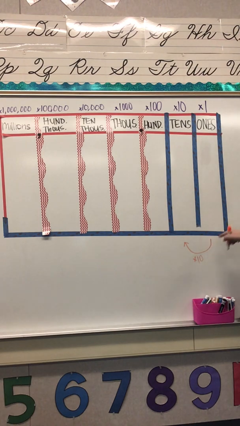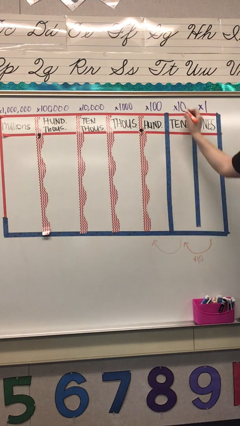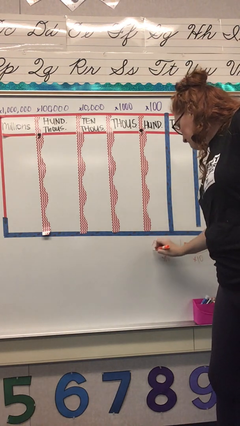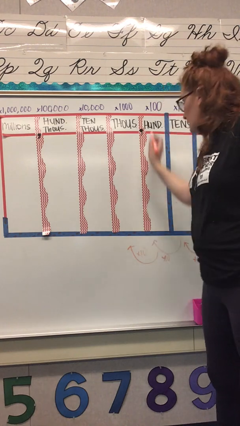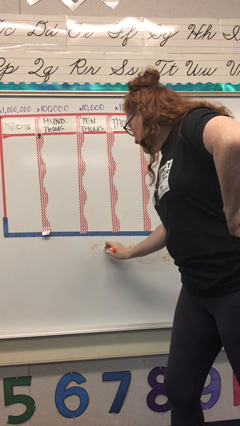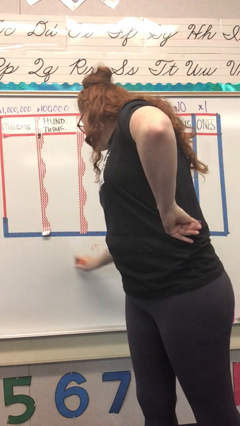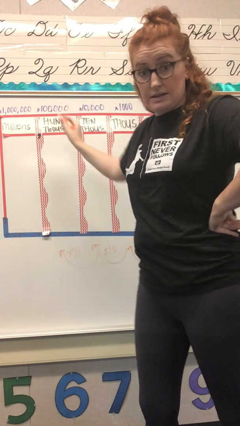The value is multiplied by 10 because 1 times 10 is 10. 10 times 10 is 100. 100 times 10 is 1,000. 1,000 times 10 is 10,000. 10,000 times 10 is 100,000.